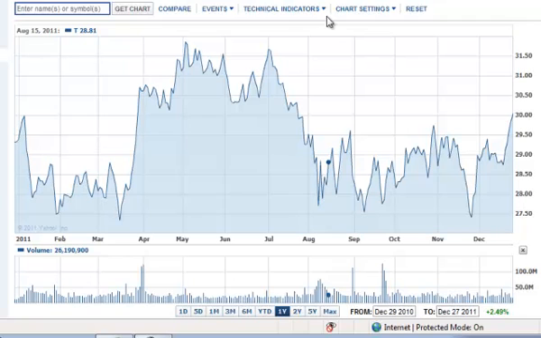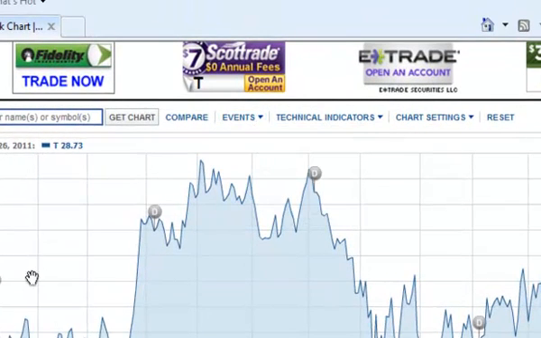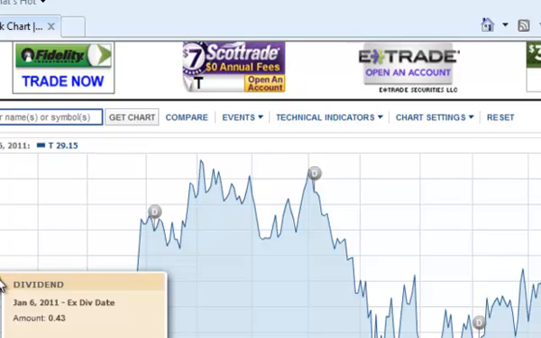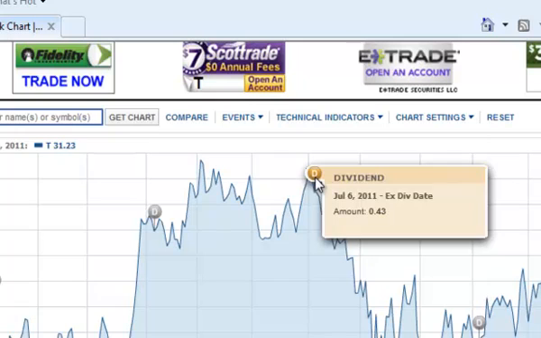So let's take a look at the dividends, and let's see when it actually paid dividends. You see with this D where it's marked here, that's when it actually paid dividends. And see, April the 6th, 2011, and the amount was 43 cents per share. That's what they're paying.